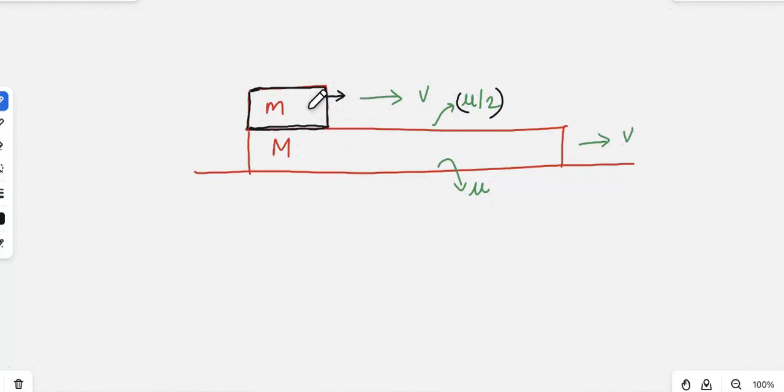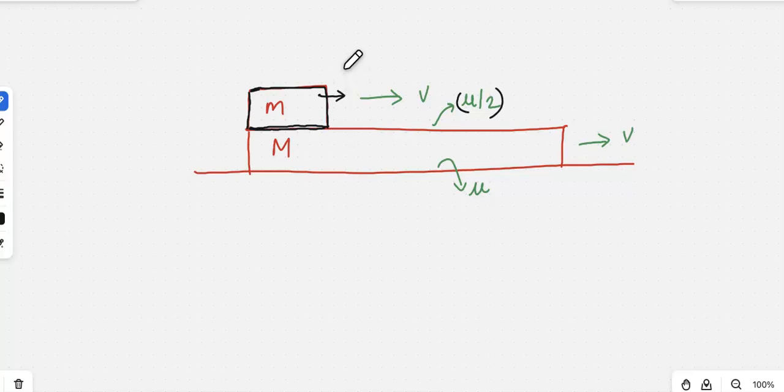If I take this whole system slowly towards right, this block will be moving along with this capital M block. The friction will be towards right. That's what is taking it towards the right direction.